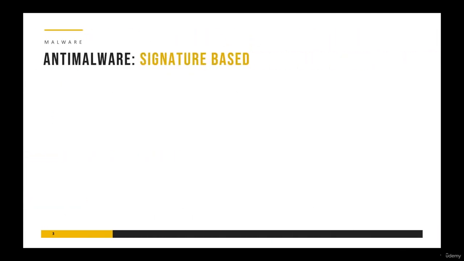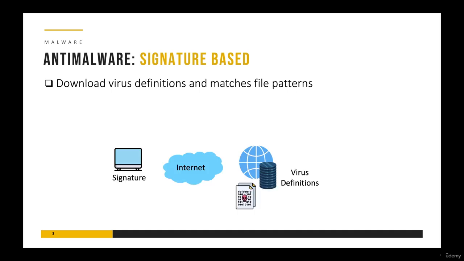Let's start with the signature-based anti-malware. This type of software downloads virus definitions and then matches file patterns against those virus definitions. We have several repositories on the internet which have pre-built databases containing virus definitions, which are basically patterns or indicators of compromise of a virus.